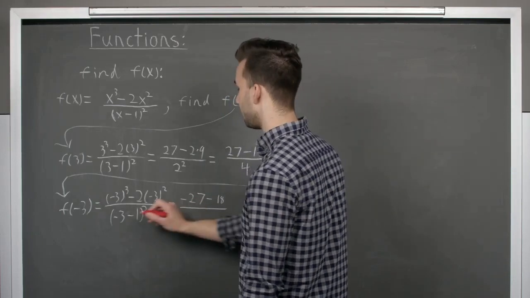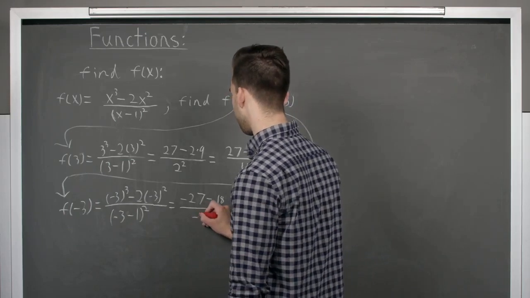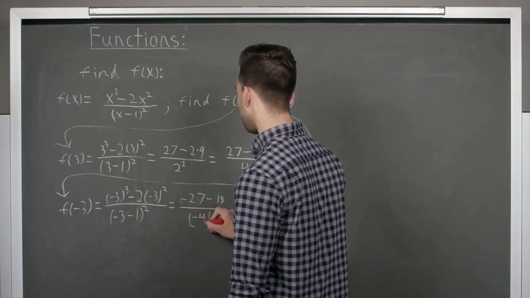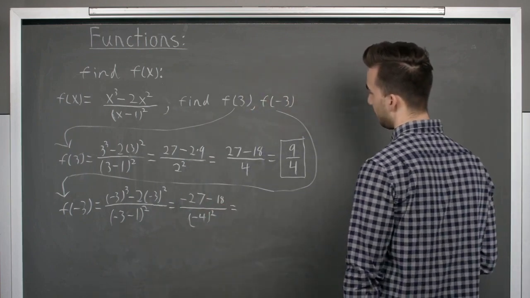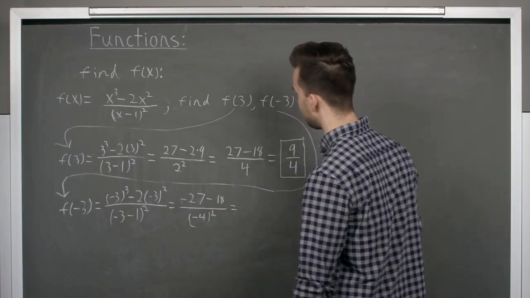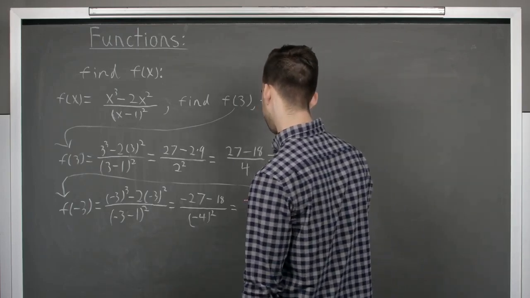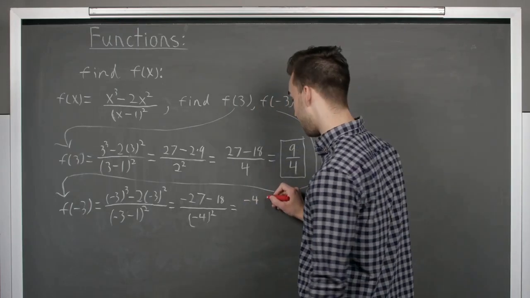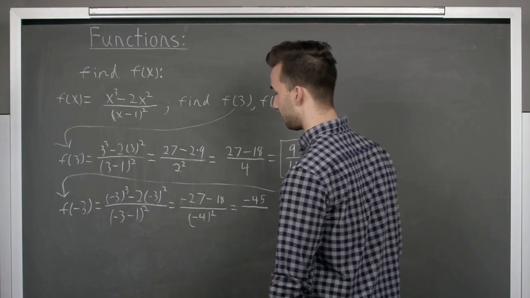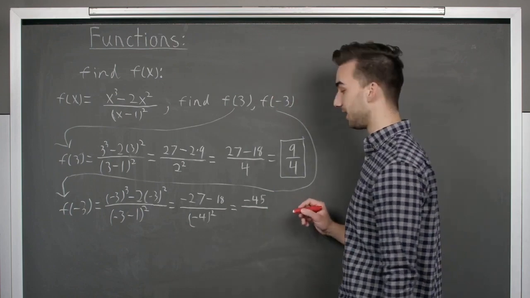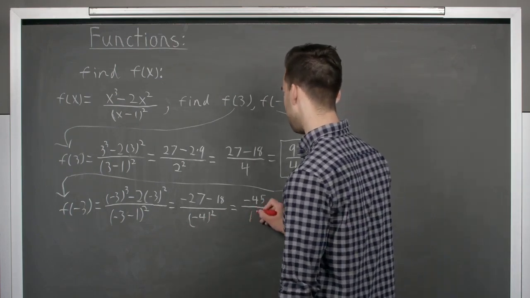And then on the bottom here we have negative 3 minus 1 is negative 4 squared. So we have, what's negative 27 minus 18? That is negative 45. If you need to use your calculator for that, you can. And it's probably best, because our minds make mistakes all the time. Negative 4 squared is positive 16.